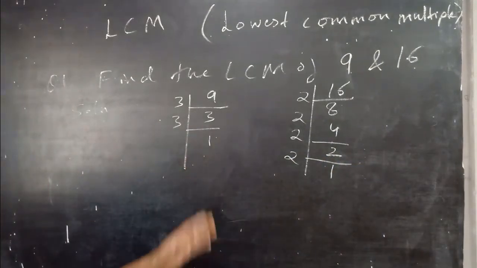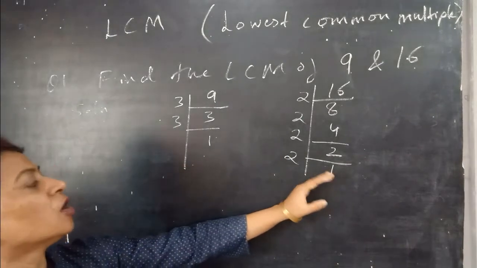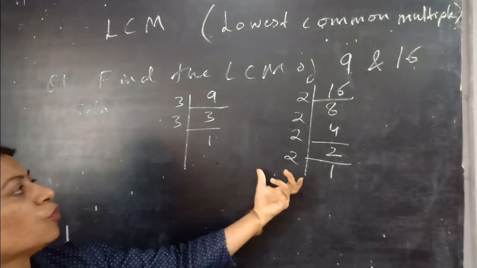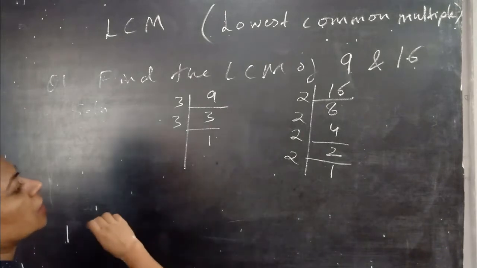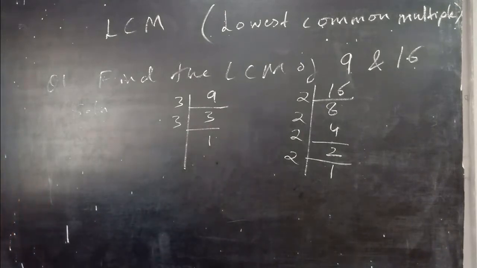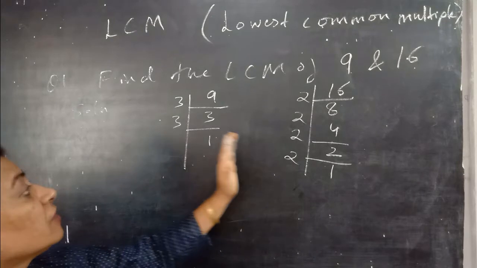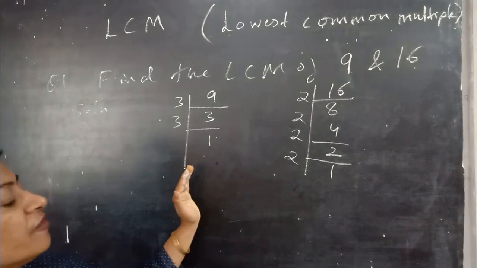So separately we have found the prime factors of both the numbers. Now check whether there is any common factor. Here we observe there is no common factor.